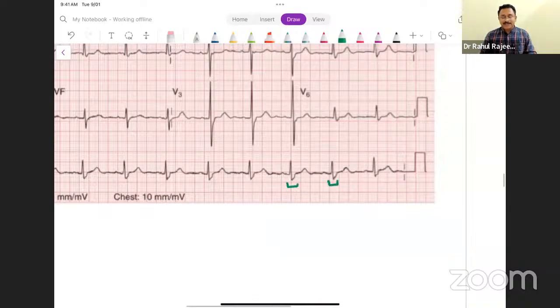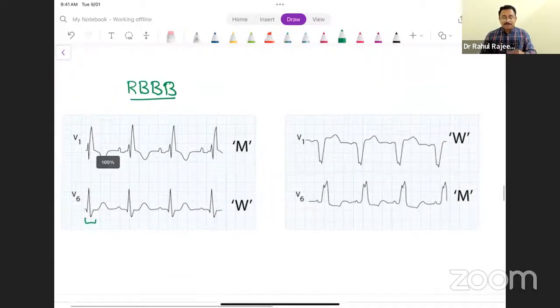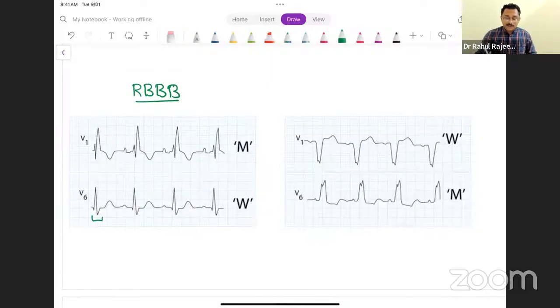But the most striking finding will be the M pattern in lead V1. Coming to left bundle branch block, it is the other way around: you will have a W pattern in lead V1 and an M pattern in lead V6.